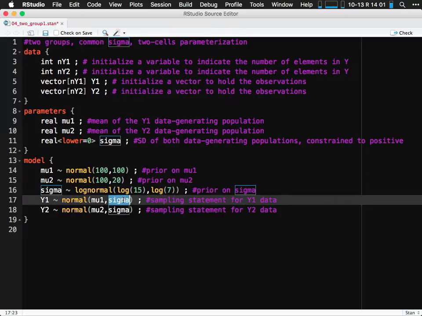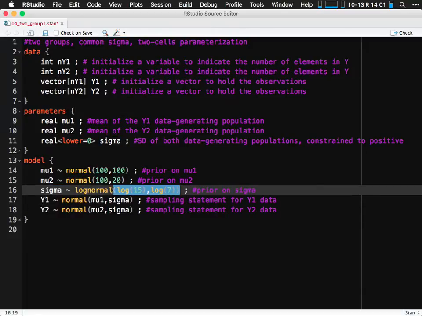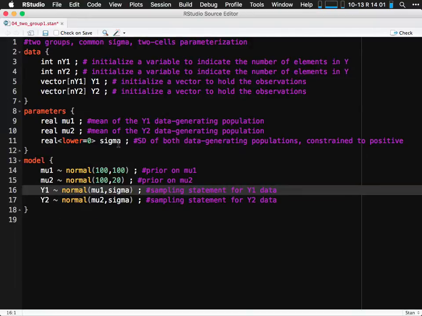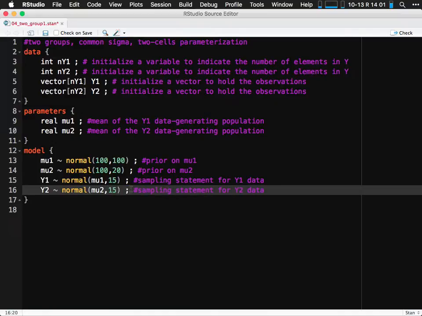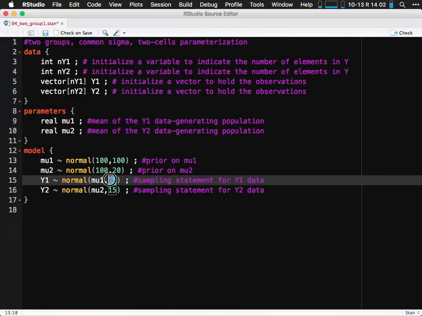We previously had examples where we didn't have sigma as a parameter. We had 15 and 15. This was a scenario where we were assuming we were dealing with IQ scores, and we assumed that we were certain that the variability we'd find in the population from one person to another was precisely 15.